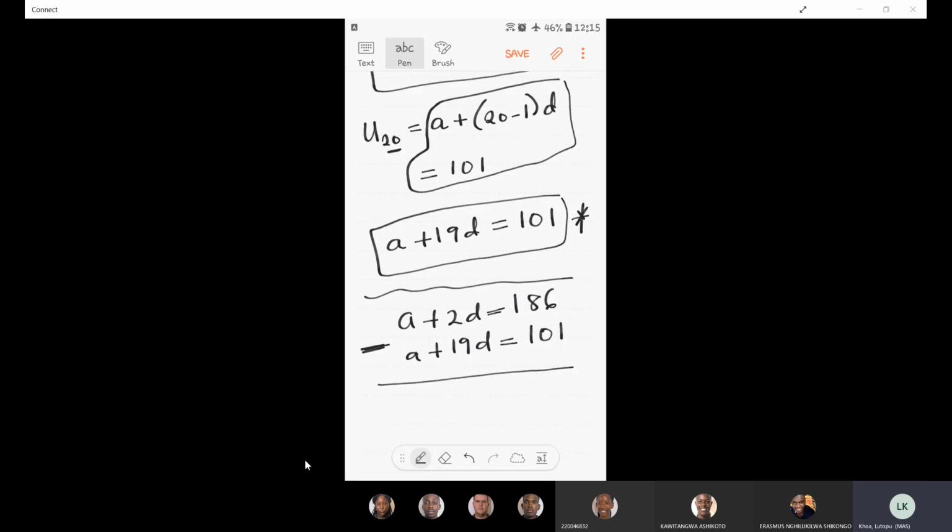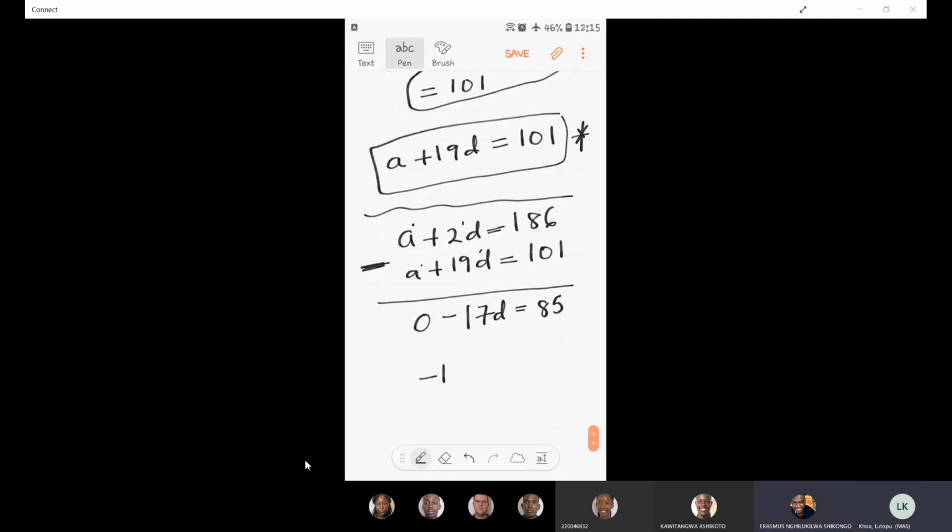So I say A minus A, this gives me 0. 2D minus 19D, this gives me negative 17D. And then I have 186 minus 101, this gives me 85.